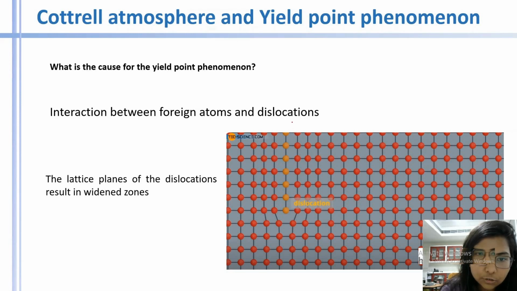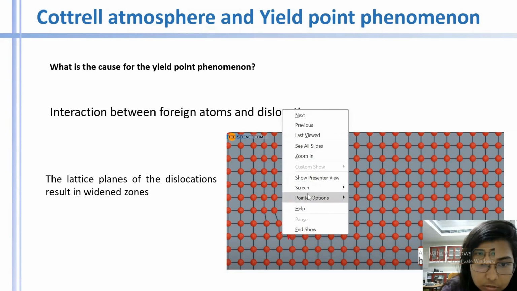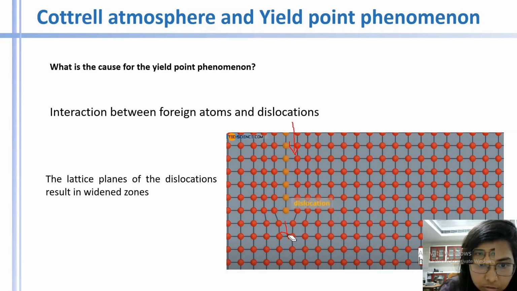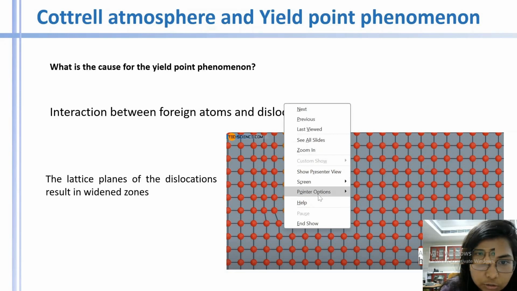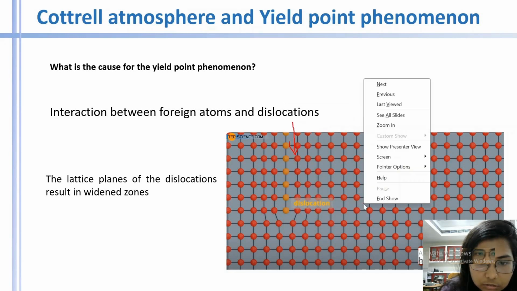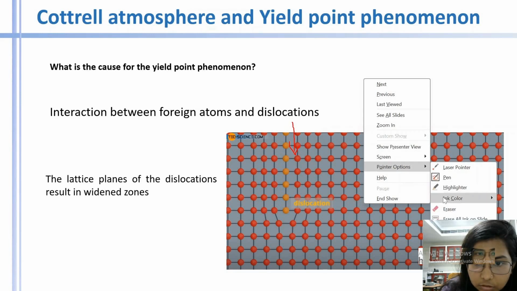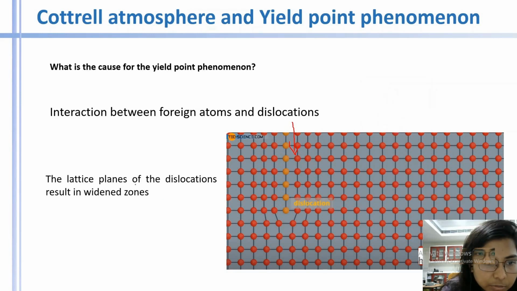Now if there is an introduction of a dislocation like this, then the lattice planes of the dislocations result in widened zones, which are known as the dilation zones.